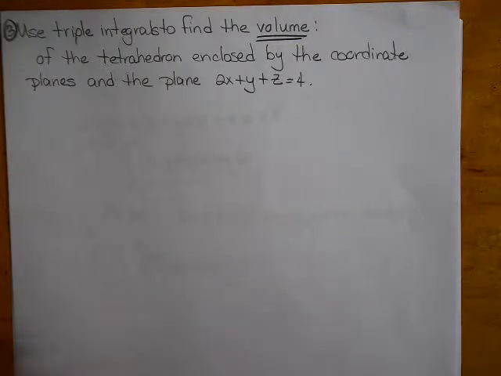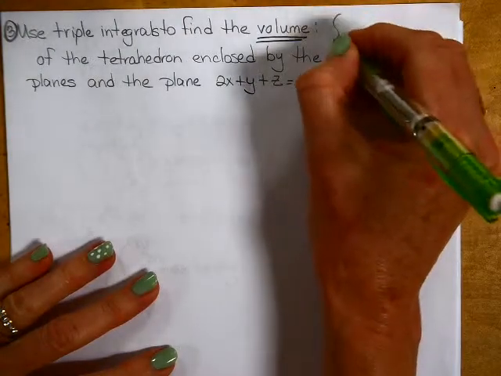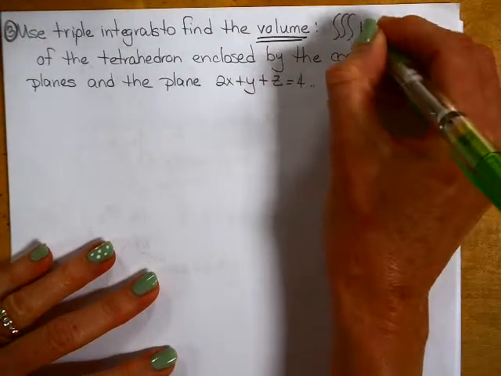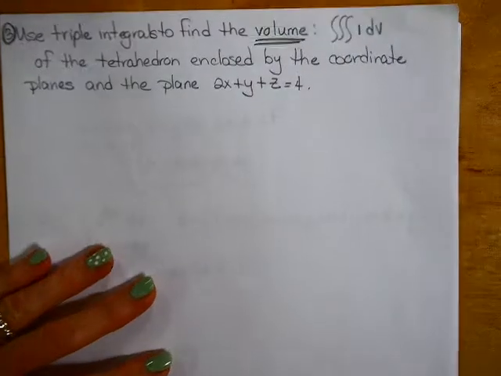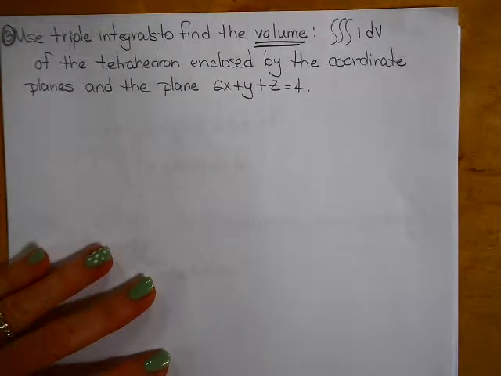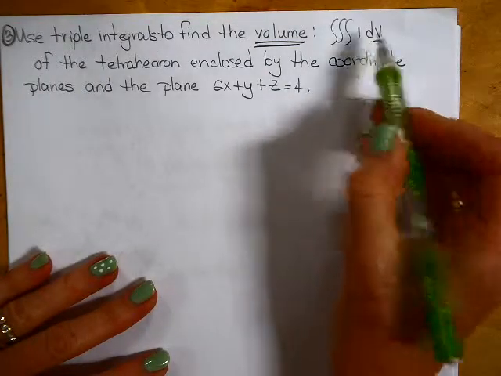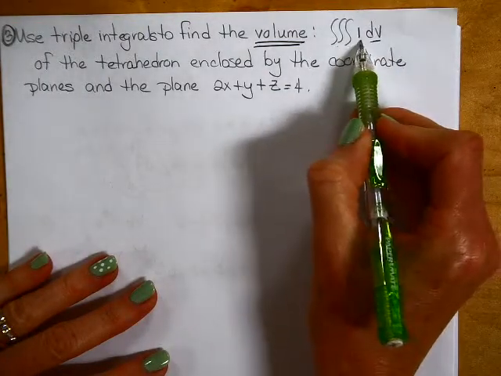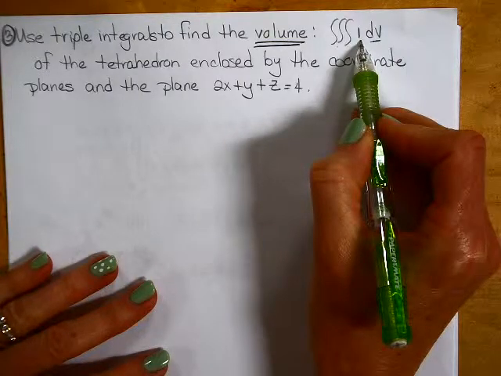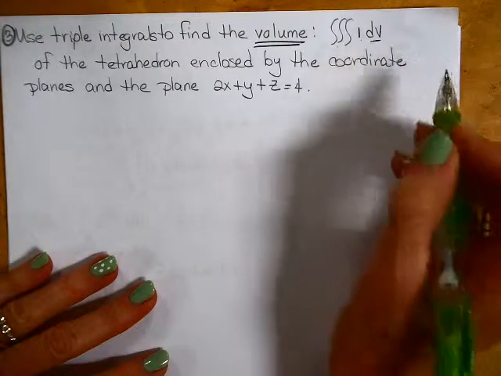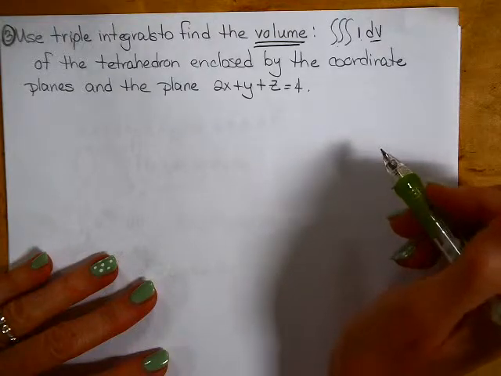They want us to use triple integrals, which means you need limits of integration for x, for y, and for z. And when you're getting a volume, the function that you integrate is the function 1, because dV is a volume. That's like if you do an area with a double integral, the function is a 1.